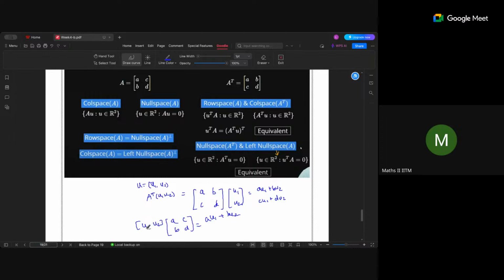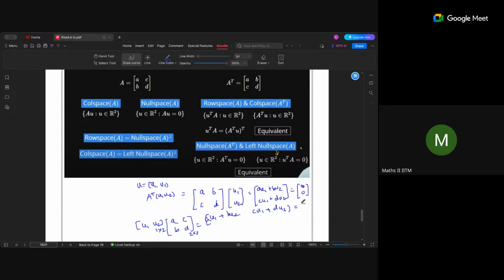What is the size of this matrix? This is a 1 by 2 matrix and this is a 2 by 2 matrix, so remember, the resulting size is also a 1 by 2 matrix. So the other entry should come here: U1 times C, which is CU1, plus DU2. Now saying that this is equal to 0 means these two values are 0.